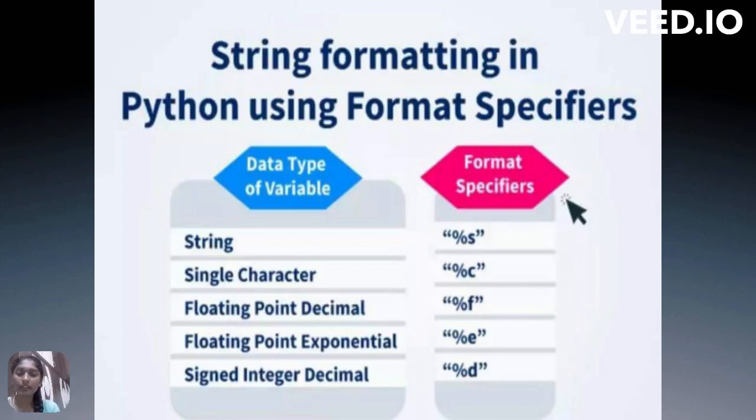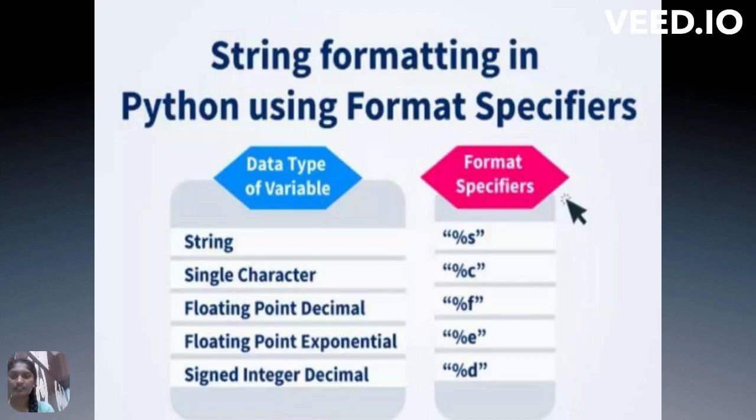Data type of variable is floating point decimal, format specifier is %f. Data type of variable is floating point exponential, format specifier is %e. Data type of variable is integral decimal, format specifier is %d.